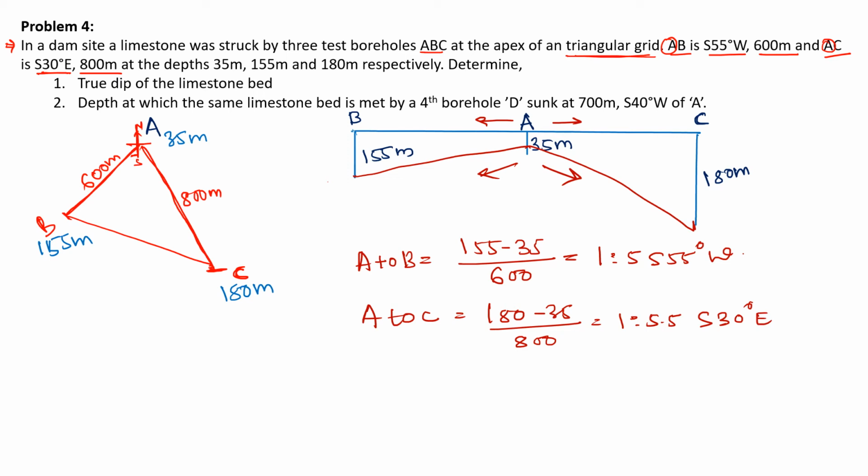Okay, so we got two directions and two amounts for A to B and A to C. Let us move ahead by solving the first part, that is the attitude of the bed, where we will calculate the true dip direction and true dip amount.